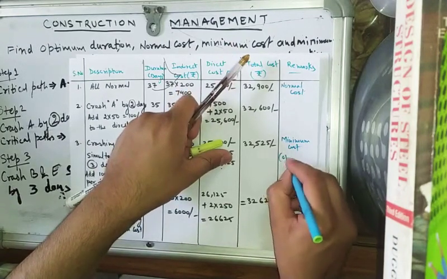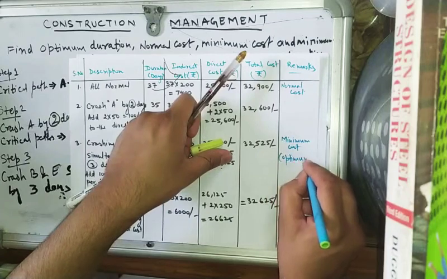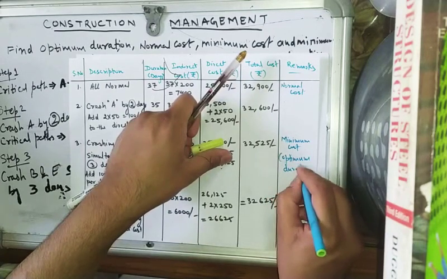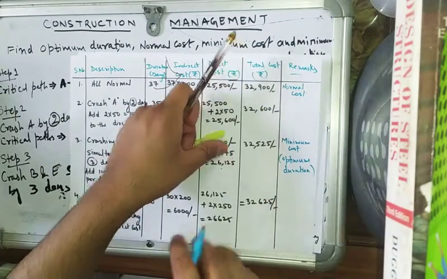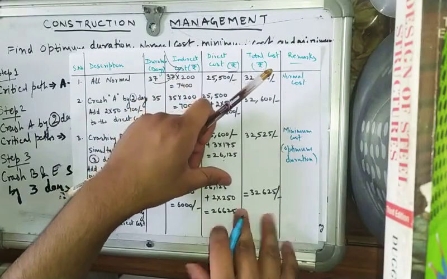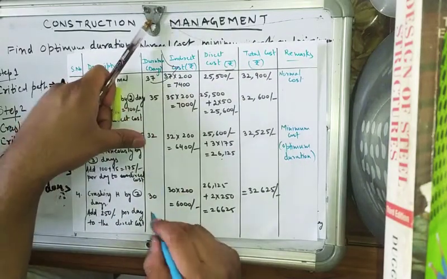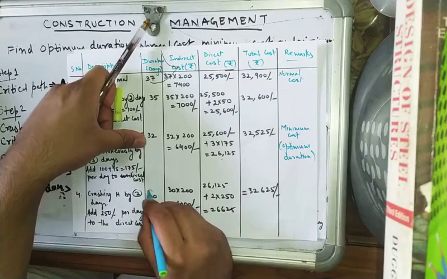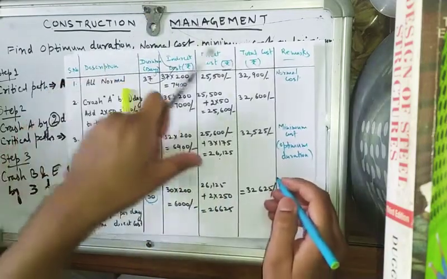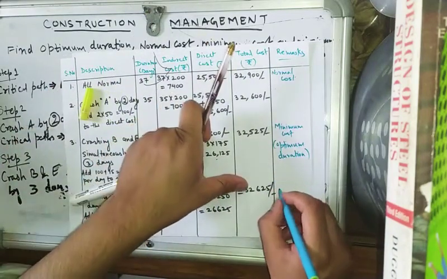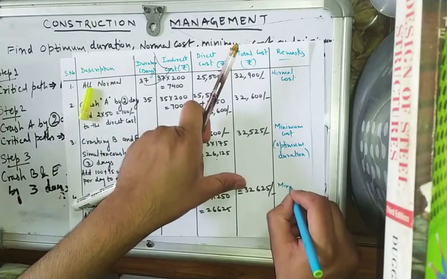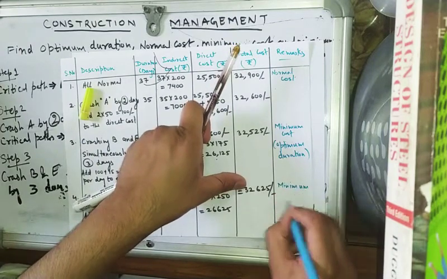The duration corresponding to minimum cost will be the optimum duration, 32. Here 30 is the minimum duration. We cannot reduce the duration any further. So it will be the minimum duration.